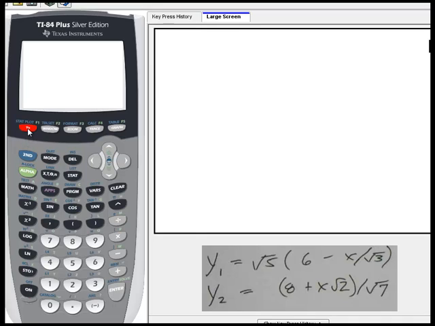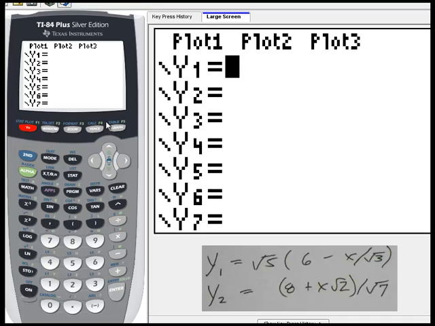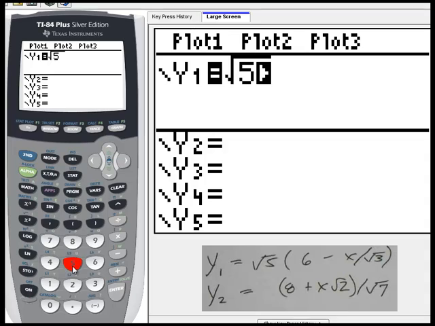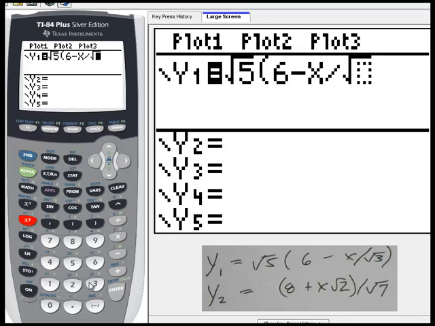Let's go to the Y= edit screen. Our formula for y1 is the second square root of 5. Let's put an end to that radical sign there by navigating forward. Then parenthesis, 6 minus x divided by second square root of 3. Terminate the radical sign by navigating forward, and then put on our other parenthesis to seal off the expression.